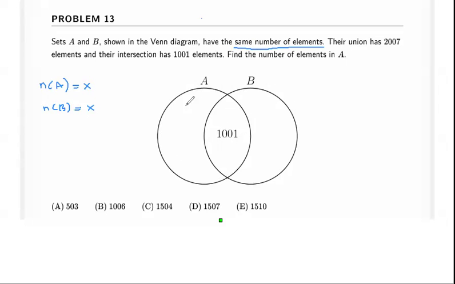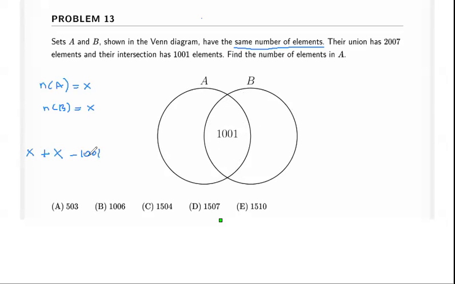So if I want to combine everything, I can say X is the value in this circle, plus another X in the second circle. But when I do this, X covers this middle region, and the second X covers the middle region as well, which means this 1001 is counted twice, which is why I have to subtract that 1001.